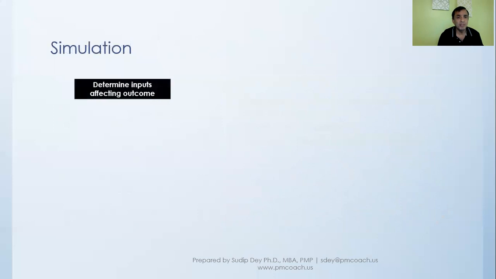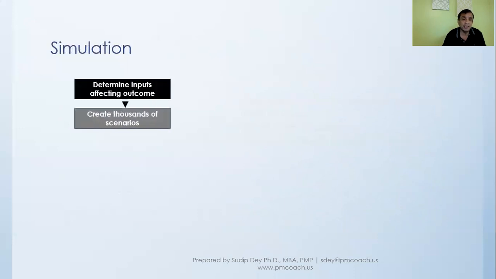We said the risk we are looking at can come out of many different sources. So we find those different inputs, different sources, that are affecting the outcome. Based on those sources and their behavior, we'll create thousands of scenarios of the possibilities for the final outcome.